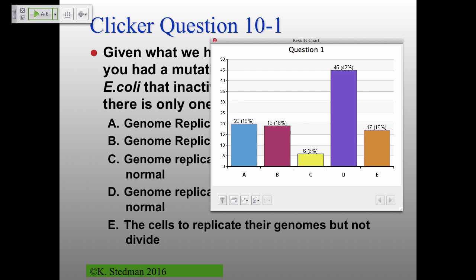You can either take care of those with topoisomerase 1 or topoisomerase 2. So the cell can, in fact, survive. But it's going to take considerably longer because you've made all of these extra supercoils that it has to deal with. So the answer is D, yay for those of you who got it.